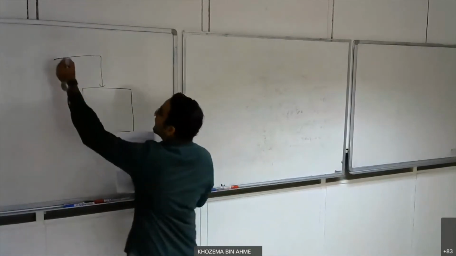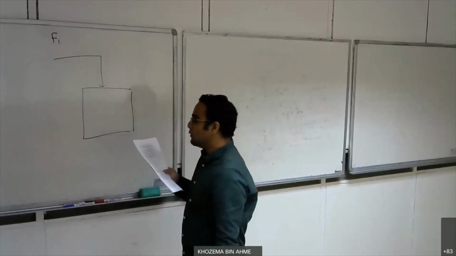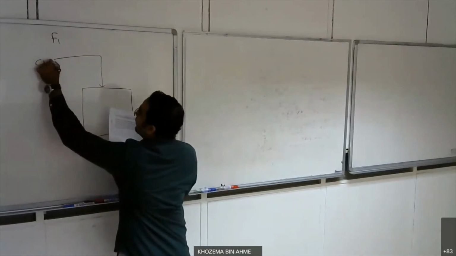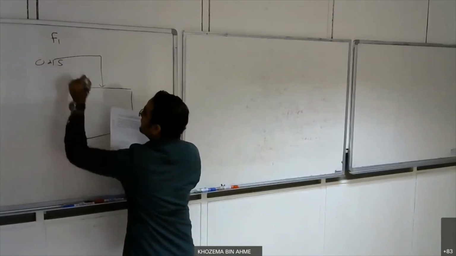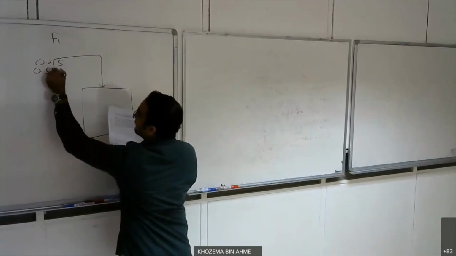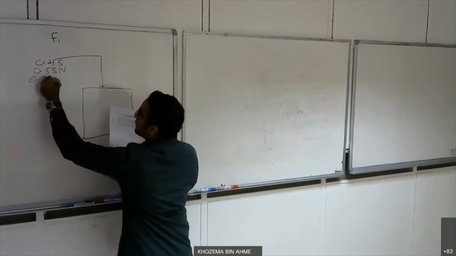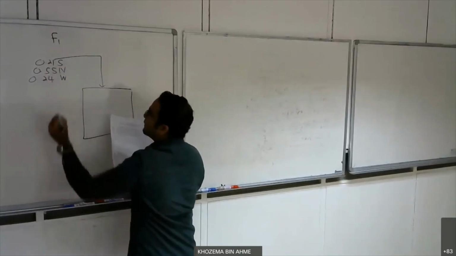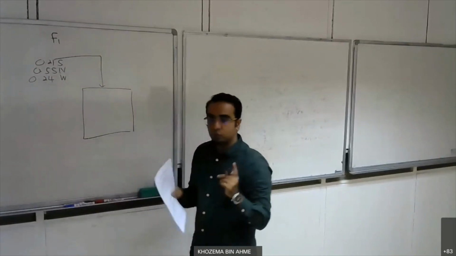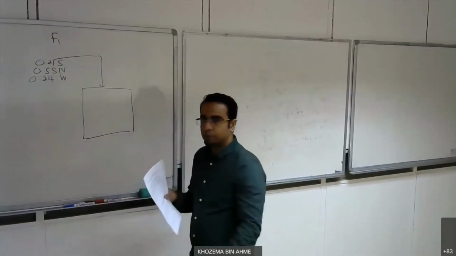I'll just write here F1, and I know that my composition is 0.21 sulfuric acid, 0.55 nitric acid, and 0.24 water. So if you look here, all these things will add up to 1. So this is your mass fraction for stream number 1.